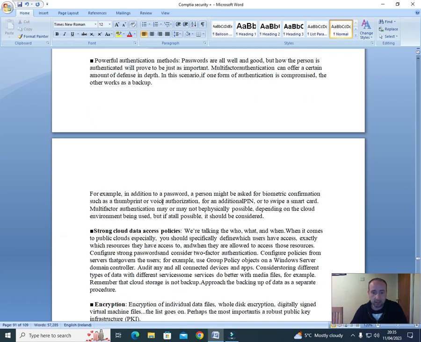For example, in addition to a password, a person might be asked for biometric confirmation such as thumbprint or voice authorization, for an additional PIN, or to swipe a card. Multi-factor authentication may or may not be possible depending on the cloud environment being used, but if at all possible it should be considered.